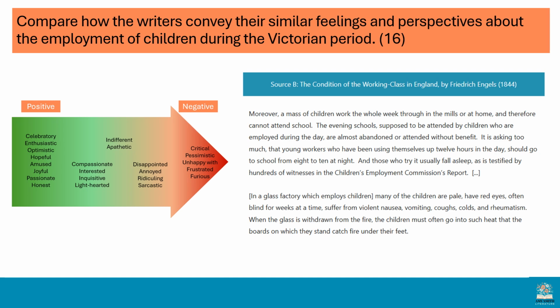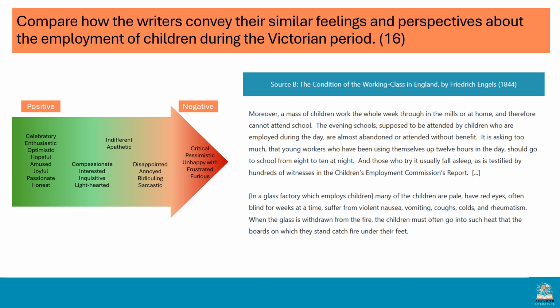And those who try it usually fall asleep, as is testified by hundreds of witnesses in the Children's Employments Commission report. In a glass factory which employs children, many of the children are pale, have red eyes, often blind for weeks at a time, suffer from violent nausea, vomiting, coughs, cold, and rheumatism. When the glass is withdrawn from the fire, the children must often go into such heat that the boards on which they stand catch fire under their feet.